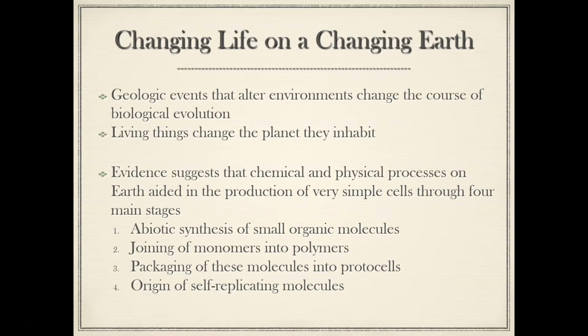Monomers are single building blocks, right? So a single glucose is a monomer, and we're going to put those monomers together through chemical reactions to form polymers, so long chains. So taking something like a monomer of glucose, stringing it together, and making a polymer such as starch. Okay, it's a big long chain of glucose molecules.